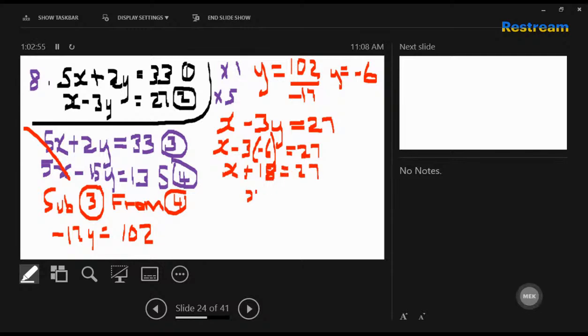And so x will be equal to 27 minus 18, which is 9. So the solution set, x is 9 and y is negative 6.